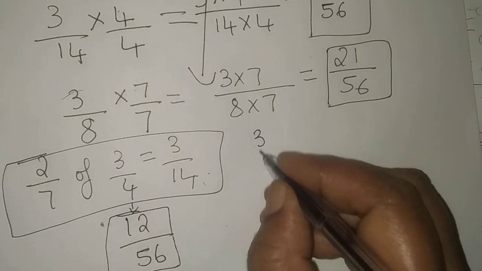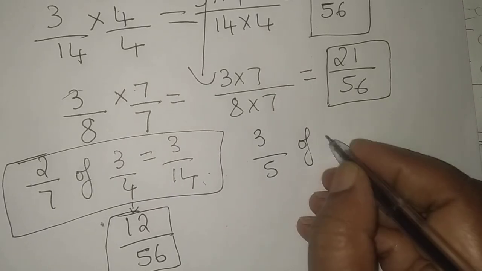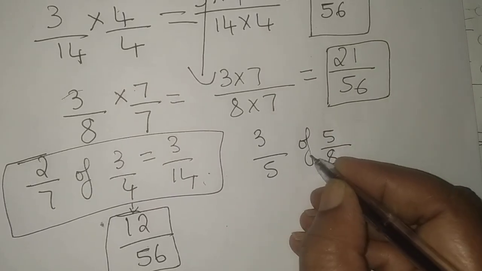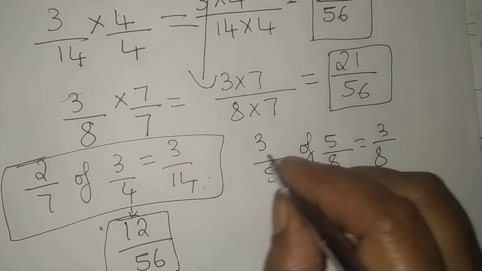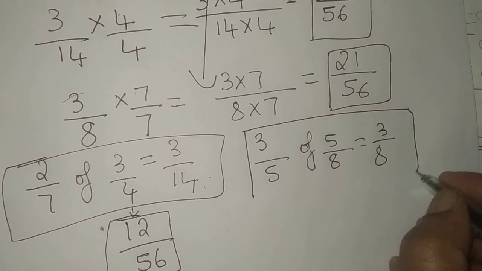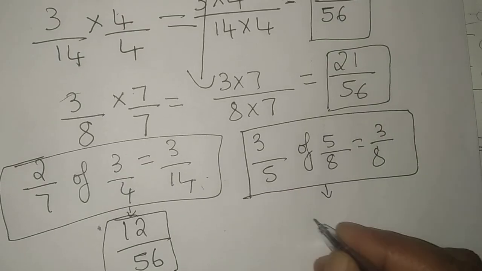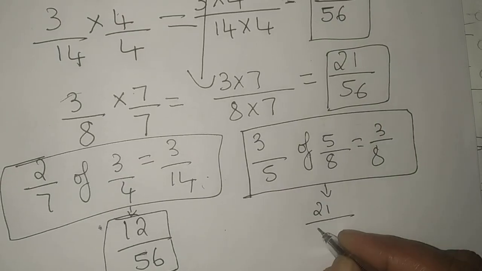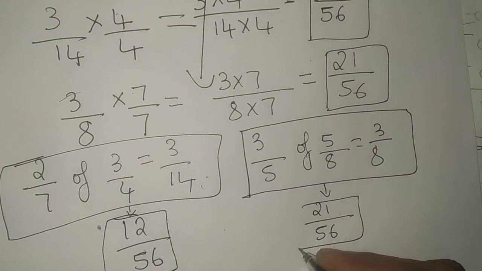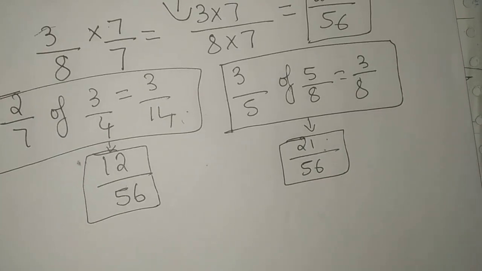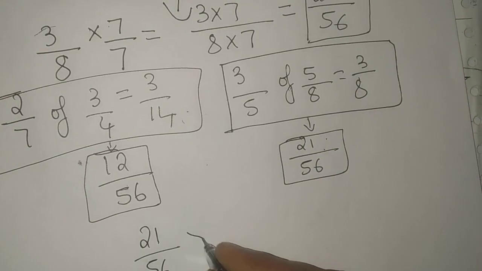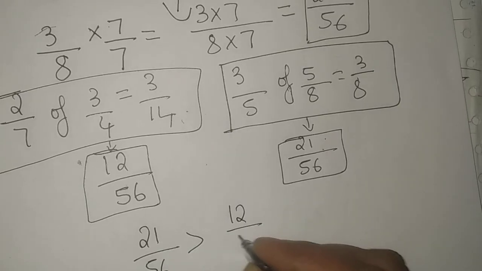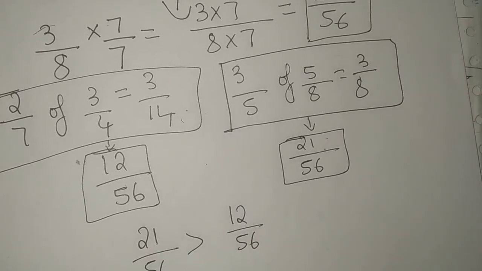Then 3 by 5 of 5 by 8, 3 by 8, is 21 by 56. So which is greater? 21 by 56 is greater than 12 by 56.